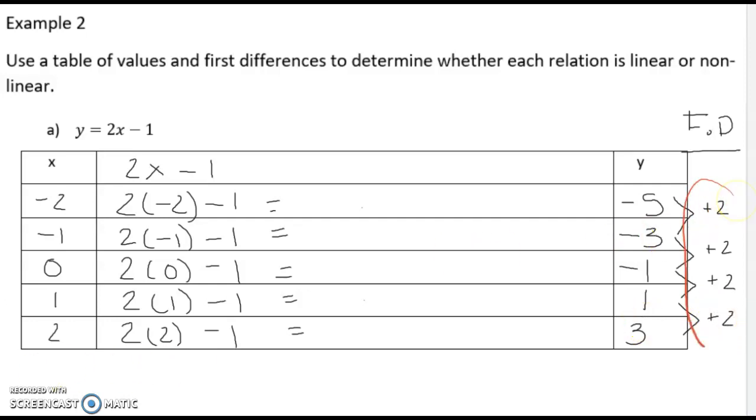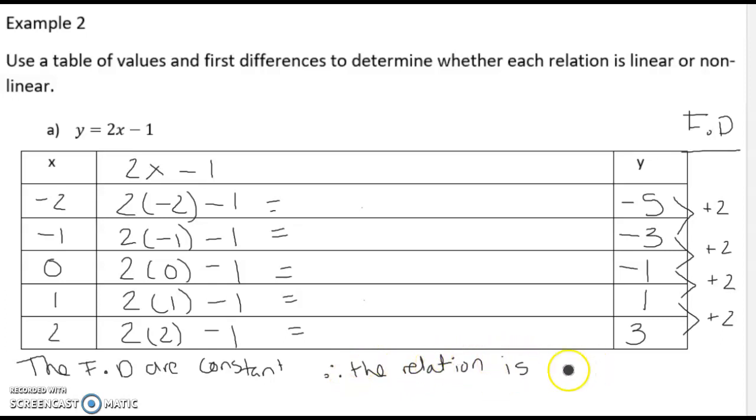So what do we notice about all of these? They are consistent. They're constant. So therefore, this one would be a linear relation. So down here, the first differences are constant. Therefore, the relation is linear.